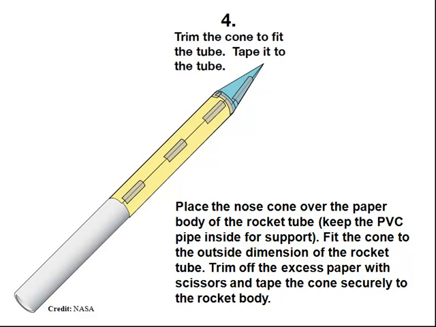So fit the cone to the outside dimension of the rocket tube, trim off the excess paper with scissors, and then take pieces of tape and tape the nose cone securely to the rocket body tube. Doing so will not allow air from escaping when you go to launch your rocket.